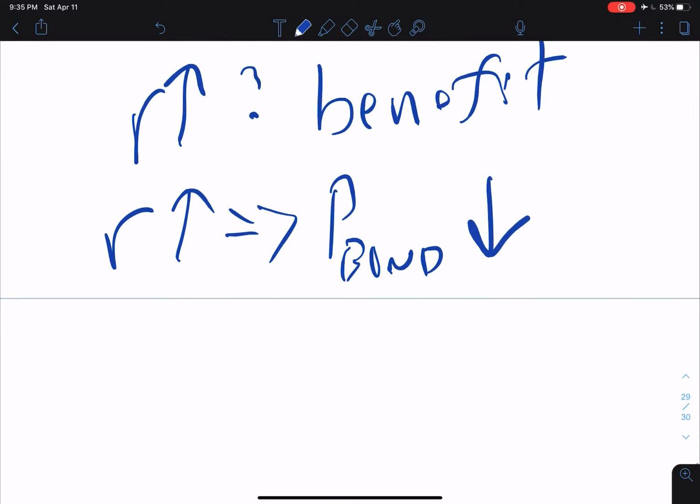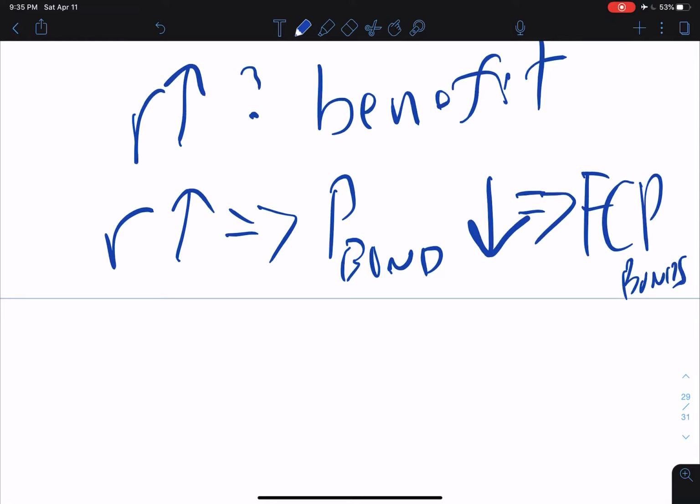Well, there's a cost of carry relationship between the futures contract price for a treasury security and the actual spot treasury security price. So, if interest rates rise, bond prices will fall, and that implies futures contract prices for bonds will also fall.